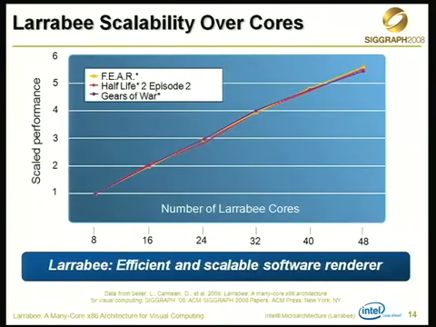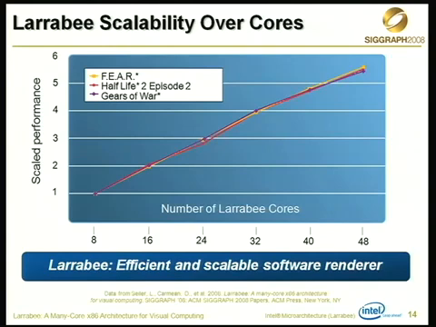Finally, it's important to consider the scalability of Larrabee's software renderer. We did tests ranging from 8 cores up to 48 cores, and for our 3 sample games, we got scalability within 10% of perfect linear scaling. Now, the first time we plotted these numbers, it turned out that Fear was actually falling off by 18% rather than less than 10%.